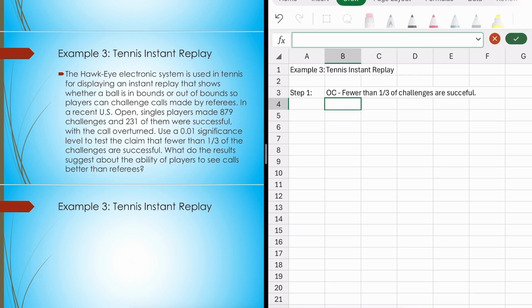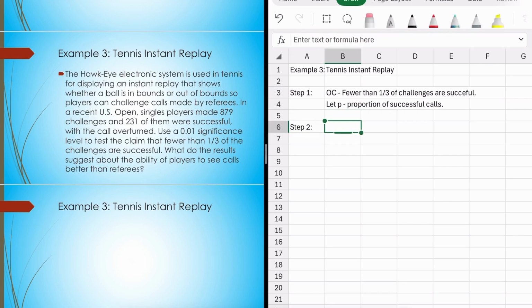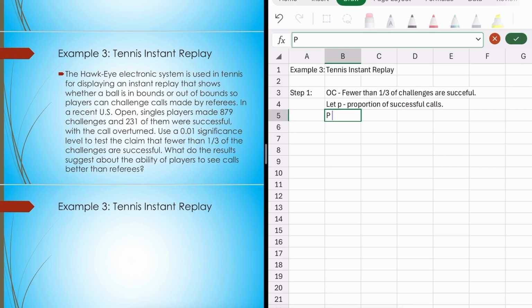Let's see. So let P be the proportion of successful calls. So step 2 is going to be, oh wait, I didn't finish. Okay, and so the claim is P, the proportion of challenges, is less than 1/3.